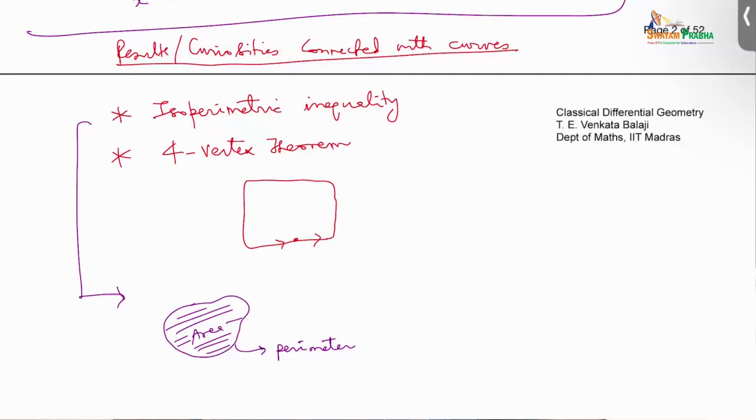And the question is, what shape should the loop take so that you can maximize the area? So here the perimeter is constant, and you maximize area. And why maximize area is because that is the only sensible question to ask.